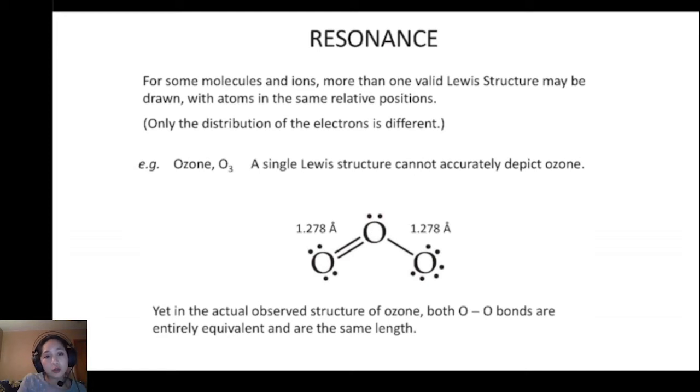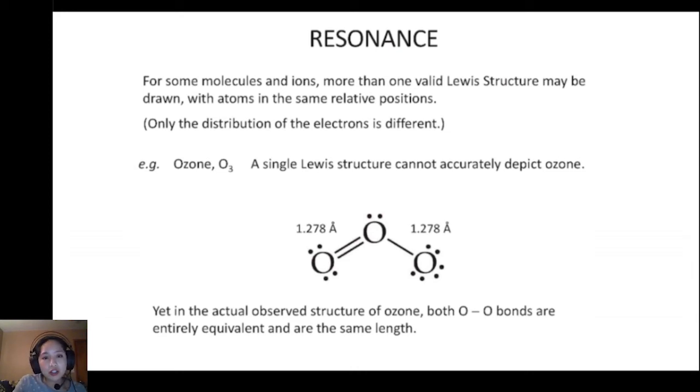You can just move some of the lone pairs into double bonds or move some of the double bonds into lone pairs. All these different Lewis structures that you draw still obey the octet rule and the rules that we spelled out. So the question is, which structure is correct? But in actuality, they're all correct.